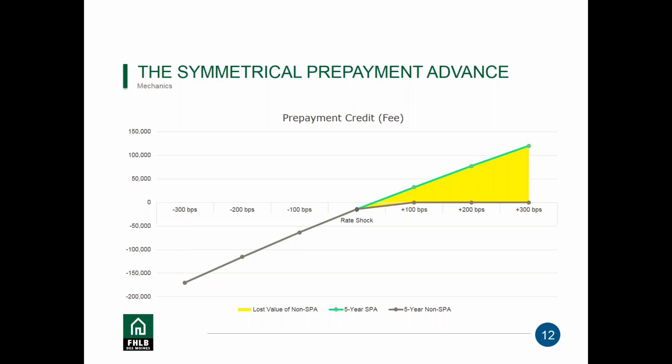If interest rates, however, were to decline, a member would have to pay a fee to prepay in advance regardless of whether the symmetrical prepayment feature was in place. However, if rates were to rise again, that potential credit could be applied to an advance with a symmetrical prepayment feature and allow you to repay that advance at an amount below outstanding par value.